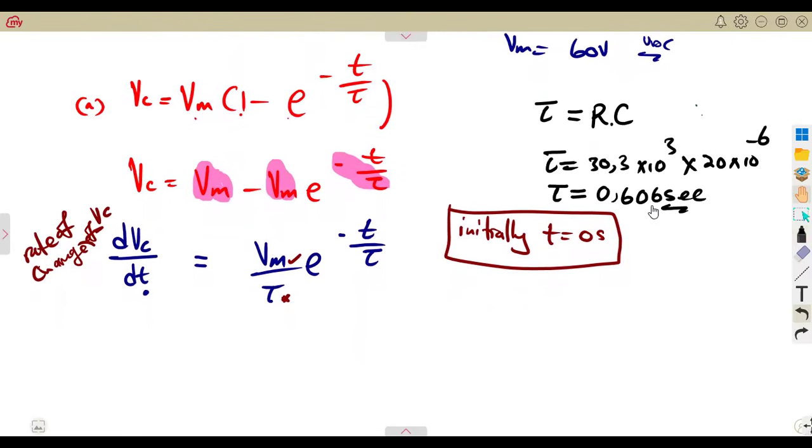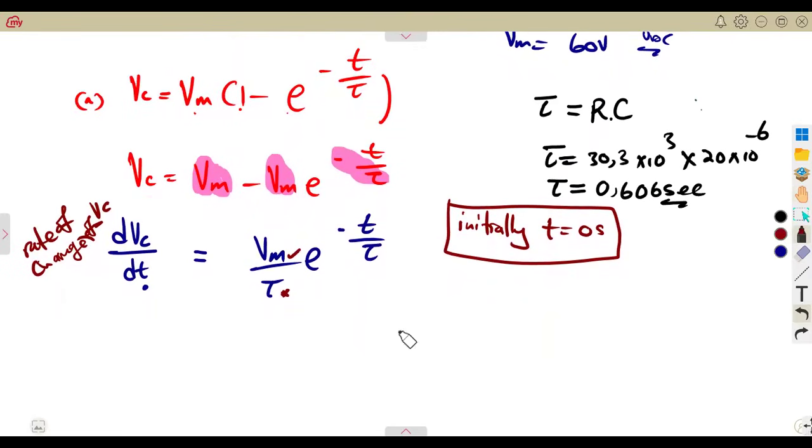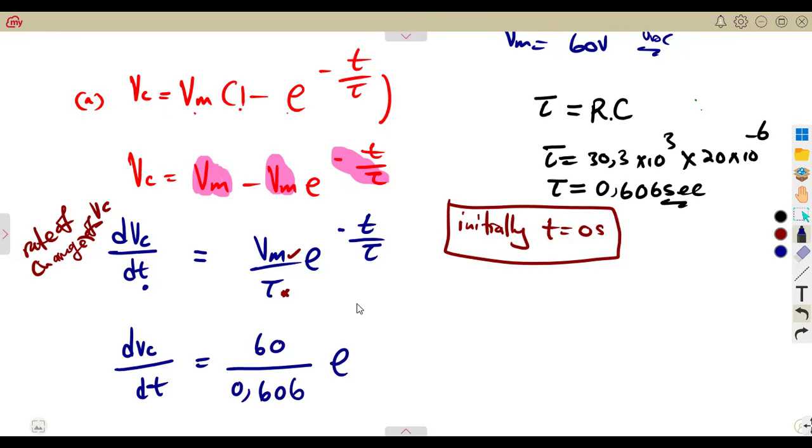With that, we can substitute everything that we're given and find the rate of change, which is equal to Vm over tau. Remember our Vm, 60. So that's 60 over tau, which is 0.606, e to the exponent of 0. Remember, guys, this is 0 there initially.